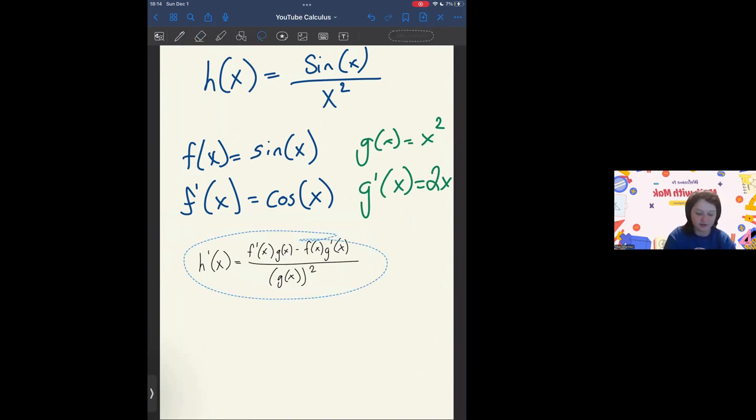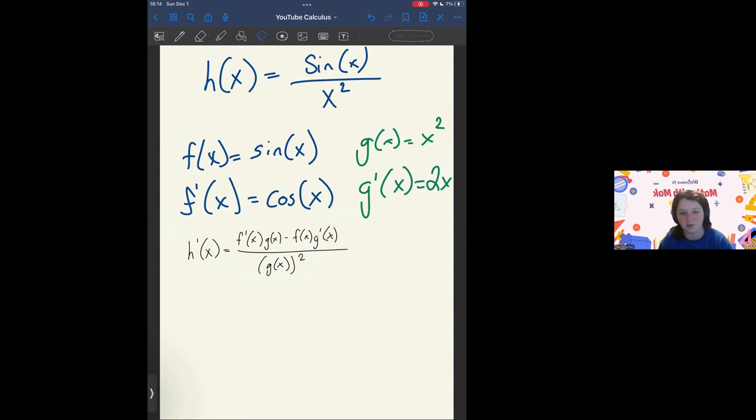One way that I remember this is I tend to do top and bottom instead of f and g when I'm doing this. And I remember that the t comes first because it's second in the alphabet. And t is just for top. You can also remember this as f being the first to take the derivative of because f comes first in the alphabet. Completely up to you. But I digress.